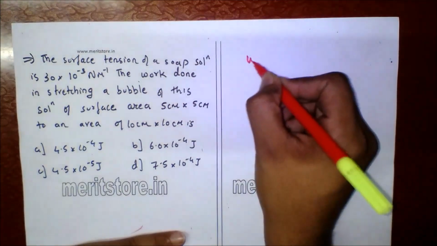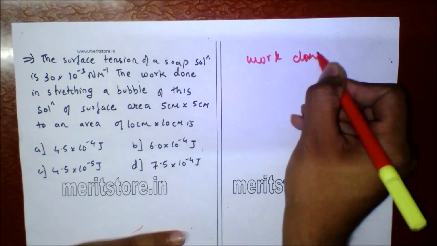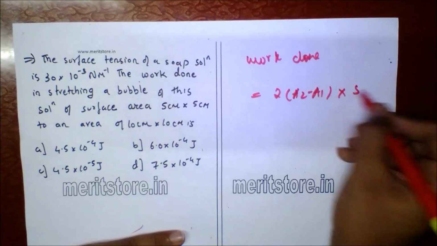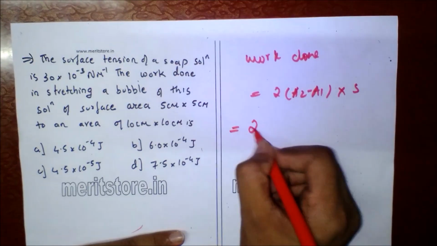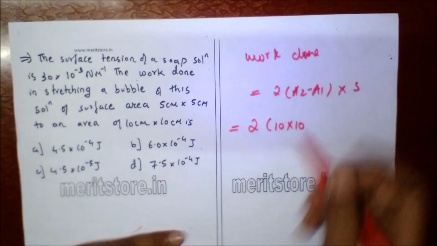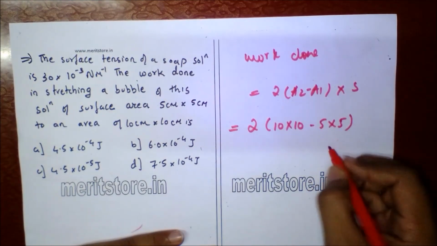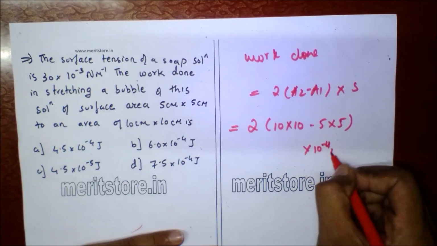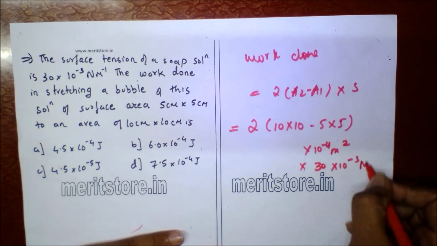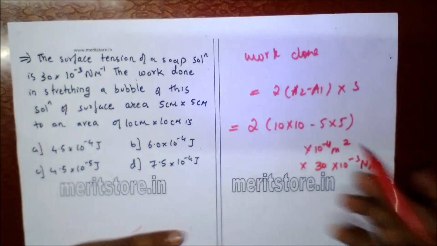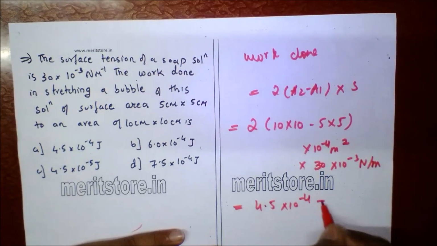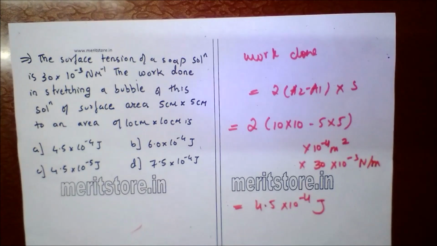Now the work done is given by the formula 2 into (A2 minus A1) into S. Substituting the values, A2 is 10 into 10, and A1 is 5 into 5, into 10 raised to minus 4 meter square, into 30 into 10 raised to minus 3 N per m. On calculating all this, we get the answer as 4.5 into 10 raised to minus 4 joules. Therefore, the correct answer is option A.